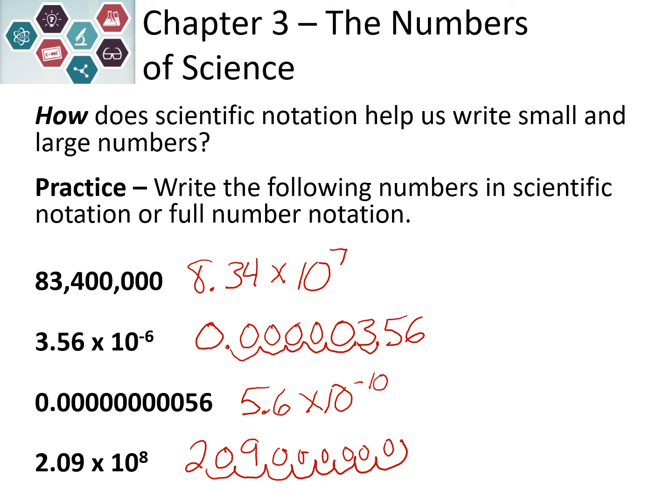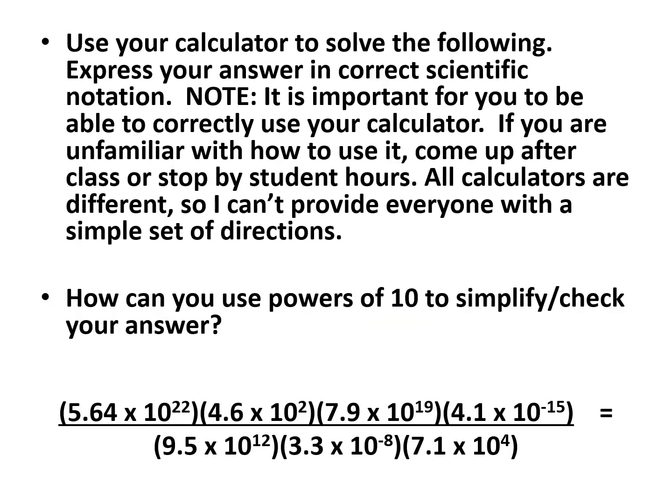Being able to use your calculator properly is very important. You want to check to make sure that you can come up with the correct answer using scientific notation. So pause the video, try to calculate the answer to this problem.